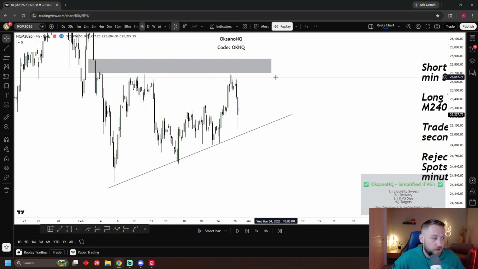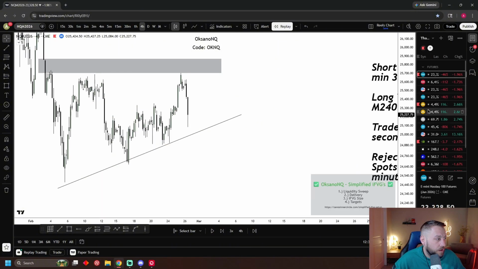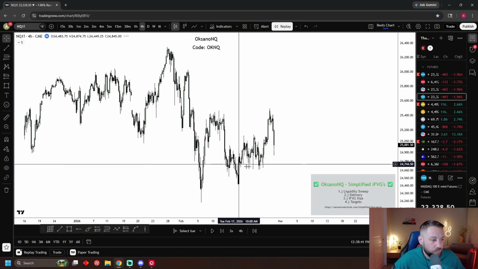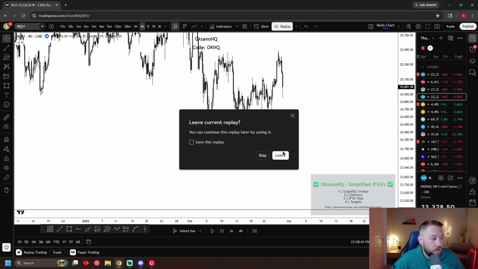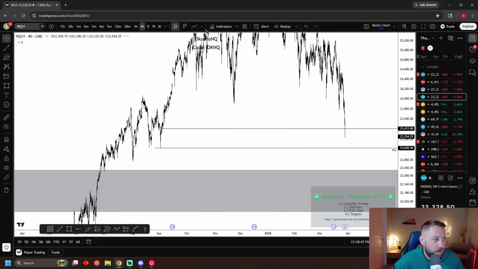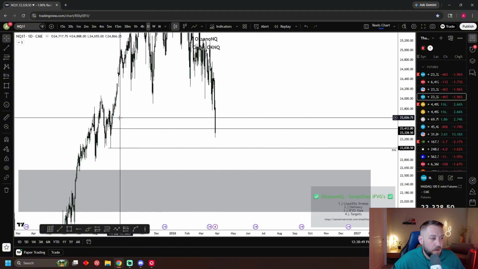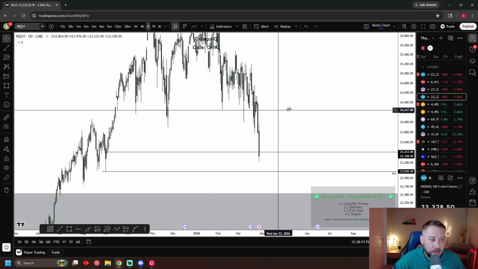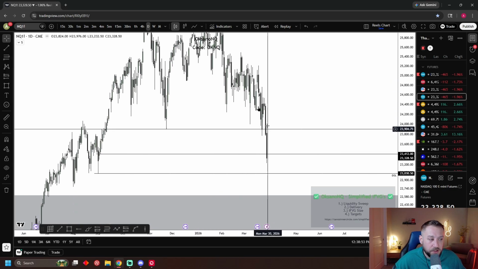So right now, for example, on the weekly, let me go to the other chart. When I'm looking at the higher time frame, because obviously we're bearish, I need to find bearish targets.